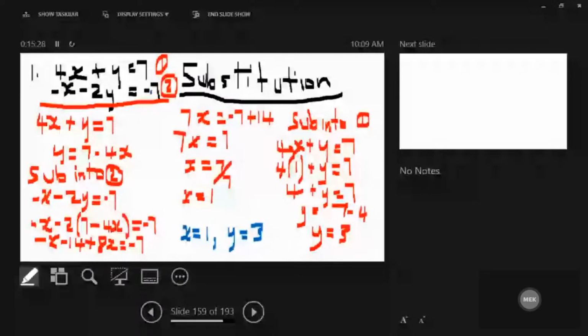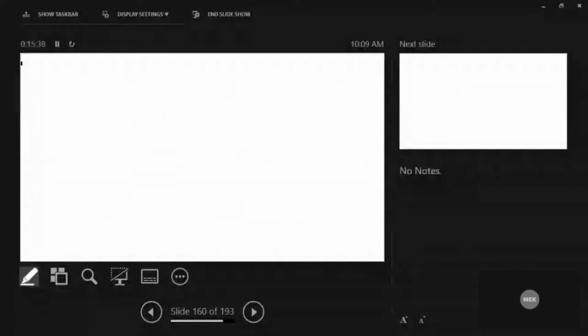All right, so let's go to number 2. For number 2, we have 3x plus 5y is equal to 23. That's equation 1.